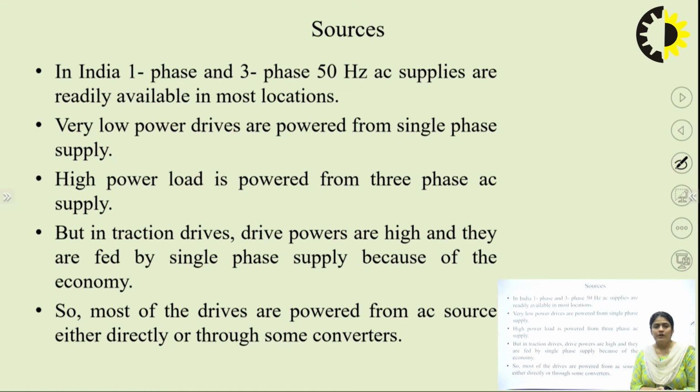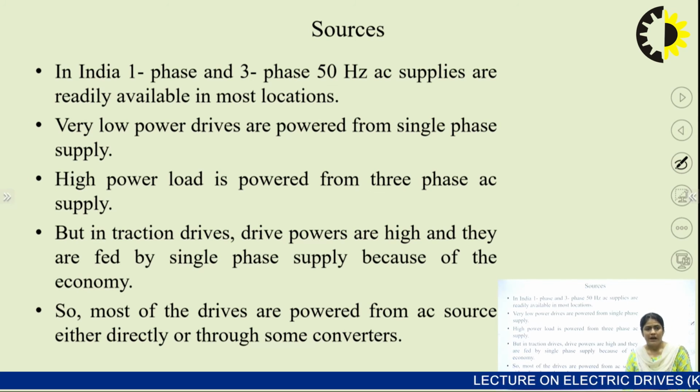If the drive system is a low power drive system, we can use the single phase. If the load requires higher power or higher torque, we need a three phase AC supply, right?